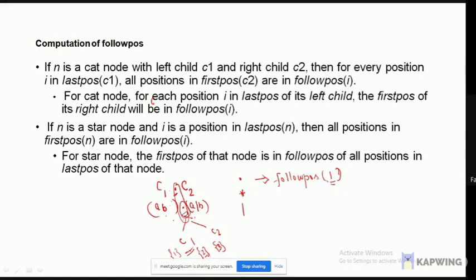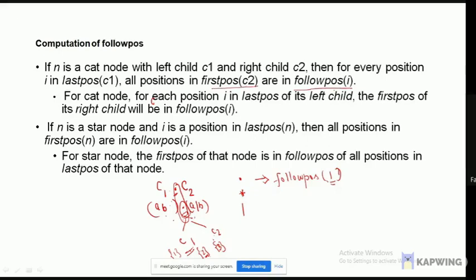If I want to know the follow position of 2, and the operator is dot here, obviously C1 will be followed by C2. Then you can take the first position of C2 as the follow position of C1. So that's what is given here. Follow position of i will be taken from the first position of C2.